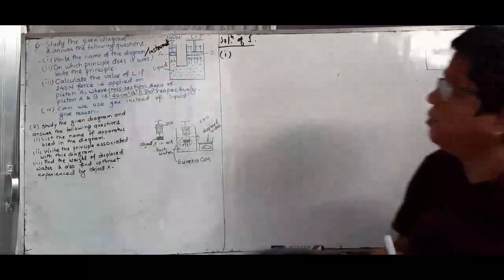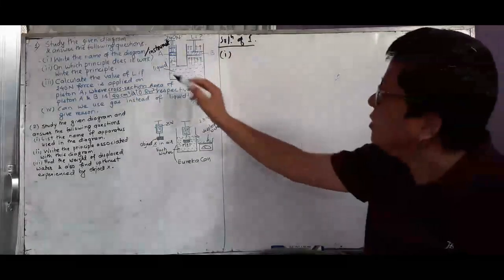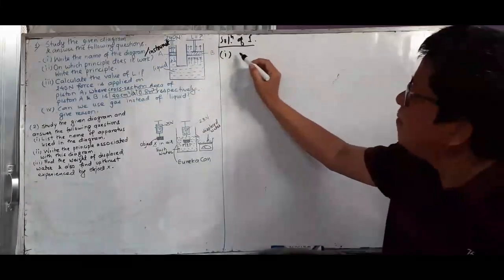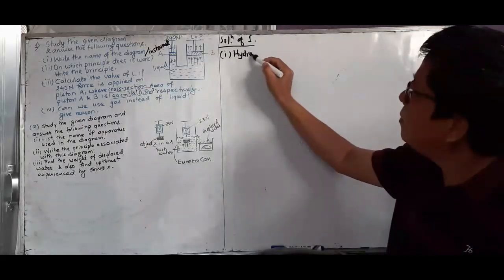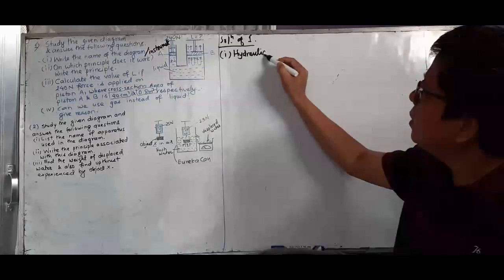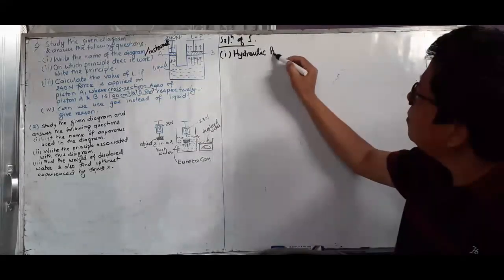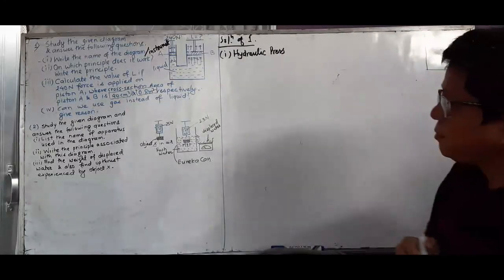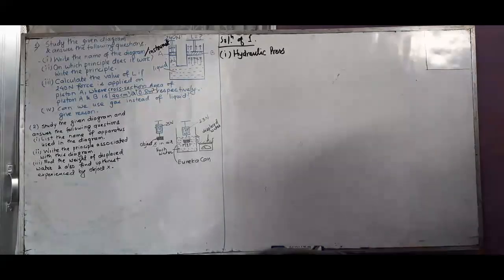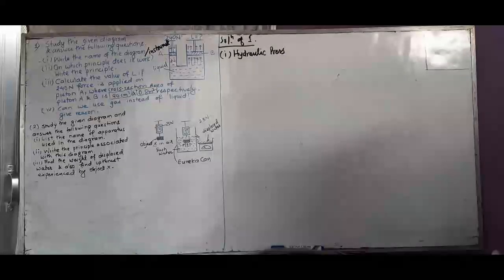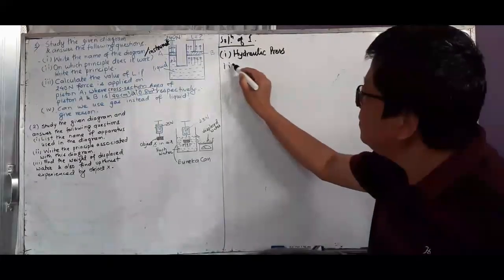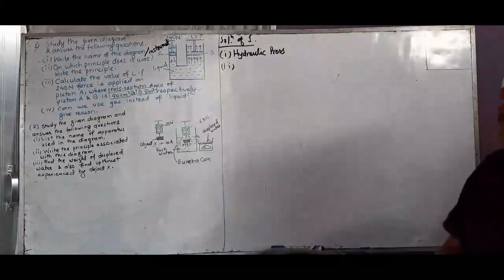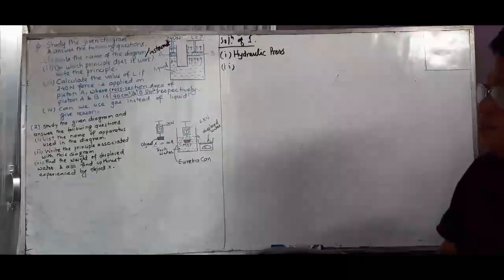So write the name of the diagram or instrument. The name of the instrument is hydraulic press. Okay, the name of the diagram is hydraulic press. Now in the second part, on which principle does it work?